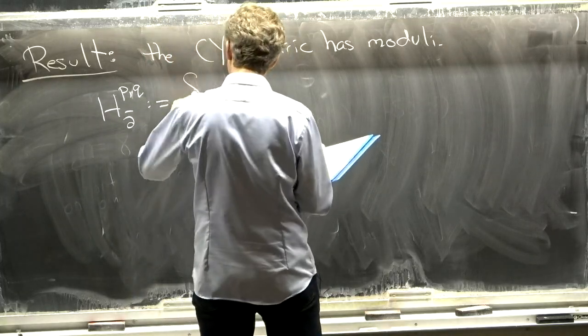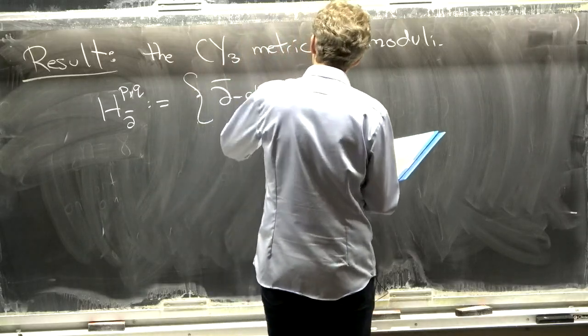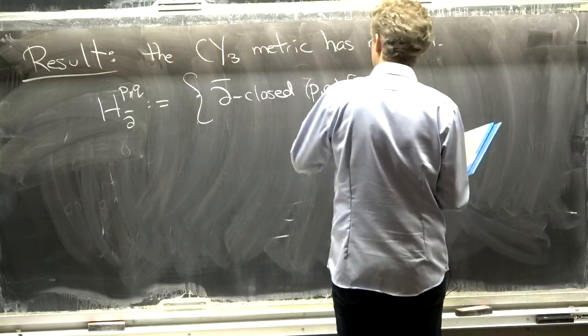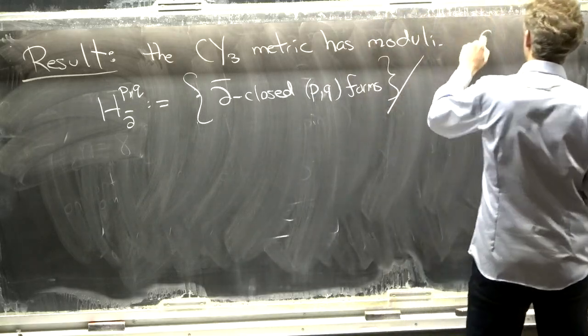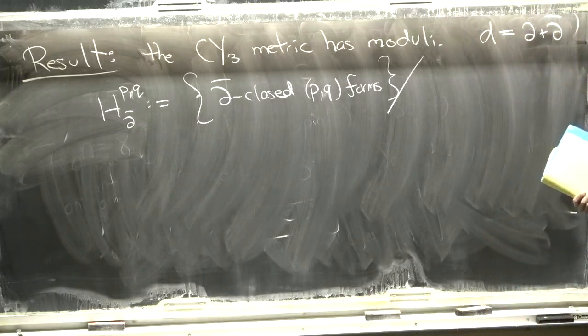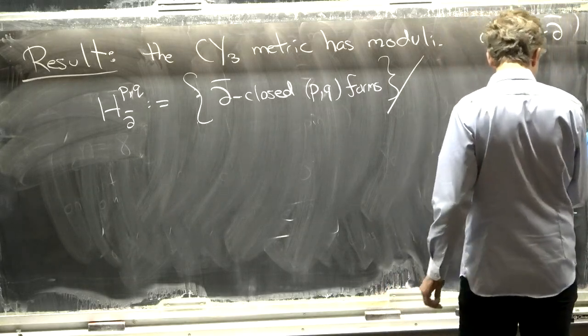if we define the set of del bar closed (p,q)-forms, so what am I doing here? I'm starting with de Rham cohomology, which hopefully you know, and I break up the exterior derivative into a holomorphic piece and an anti-holomorphic piece. And I look at the cohomology of, let's say, the anti-holomorphic one. Doesn't matter. I could look at the cohomology of the holomorphic one.